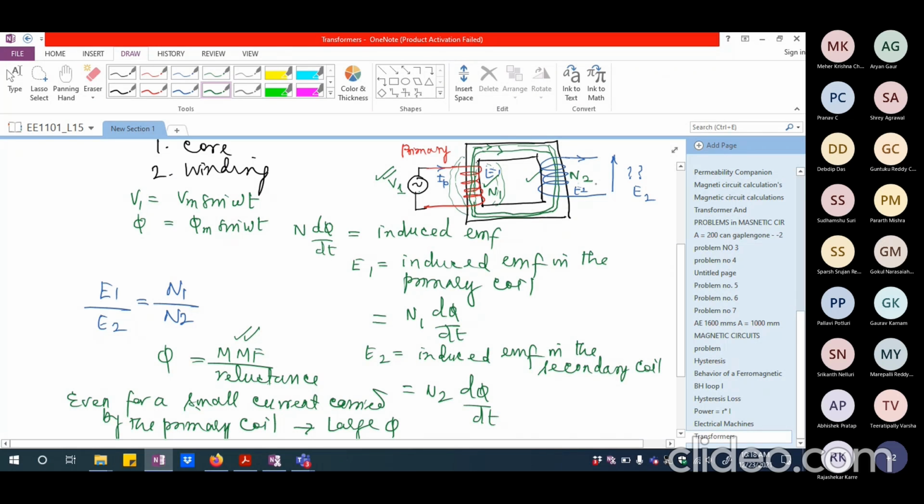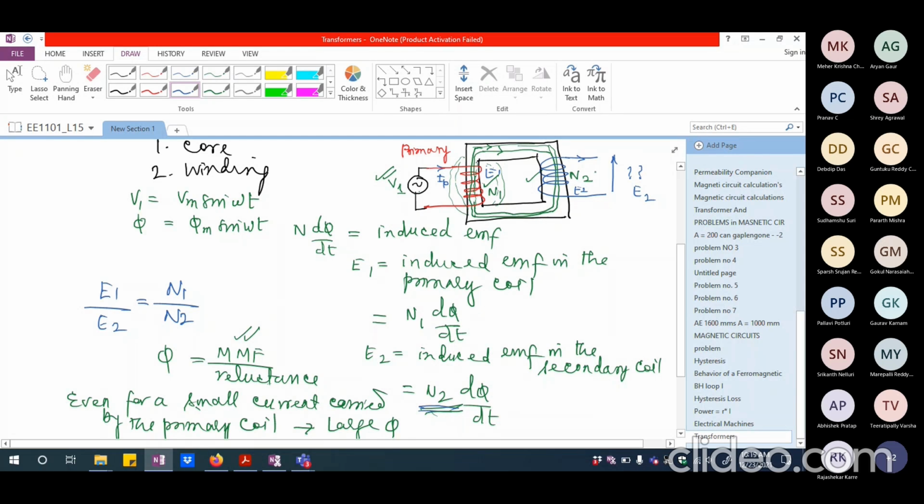The secondary coil induced EMF, E2, will be N2 multiplied by d phi by dt, and the induced EMF in the primary will be N1 multiplied by d phi by dt. So these two are going to be in the ratio of their respective number of turns.